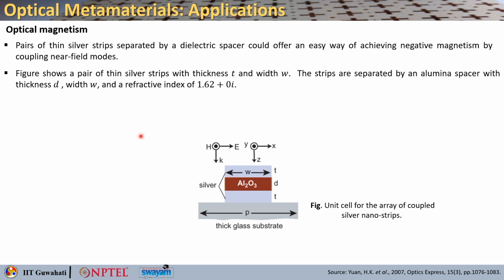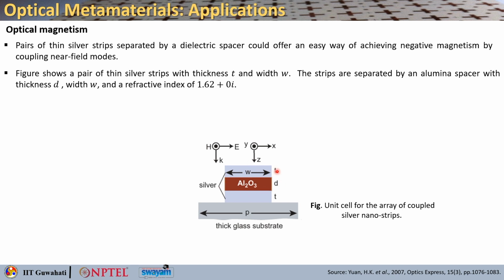So, how people have actually realized optical magnetism, you can see from this figure. They have taken pairs of thin silver strips this time. These are the two silver strips which are separated by a dielectric spacer, alumina. This offers an easy way to achieve negative magnetism by coupling the near field modes.